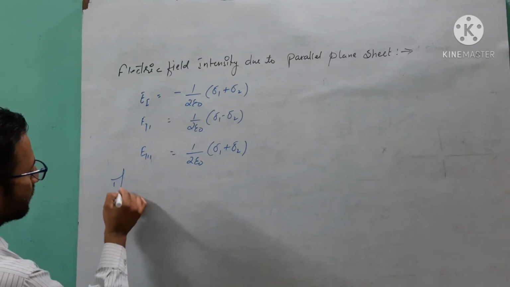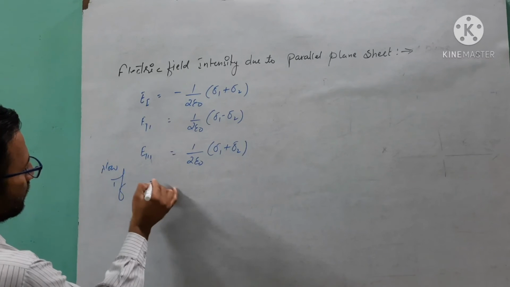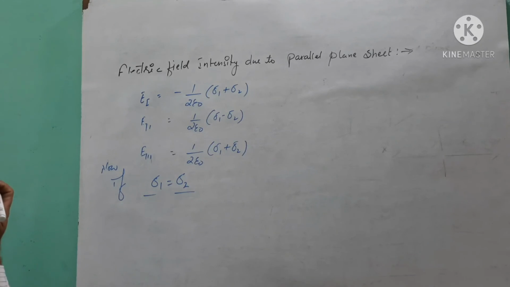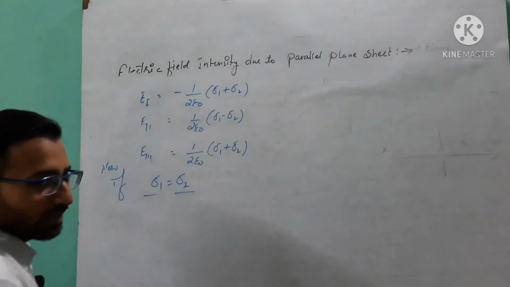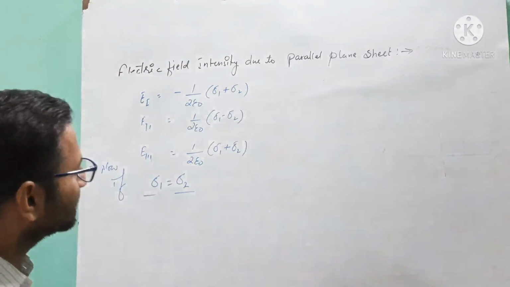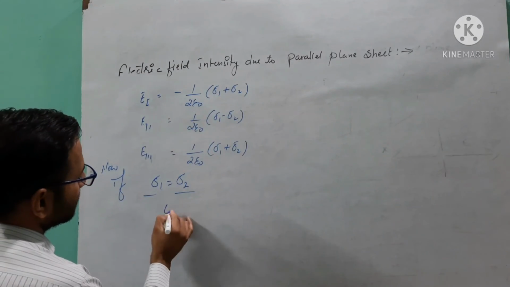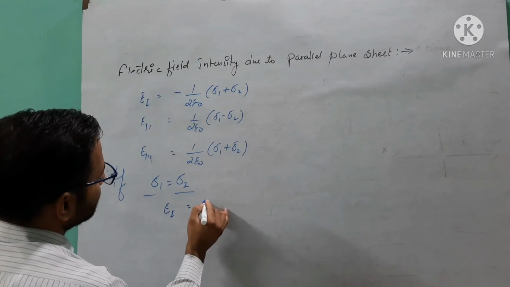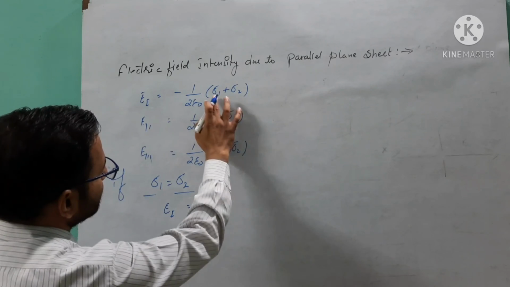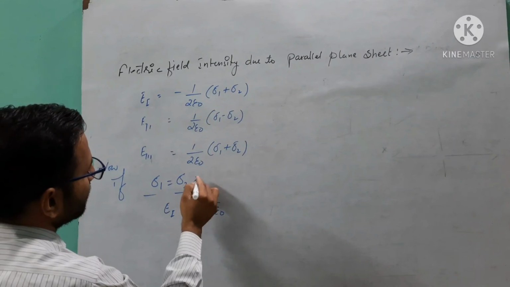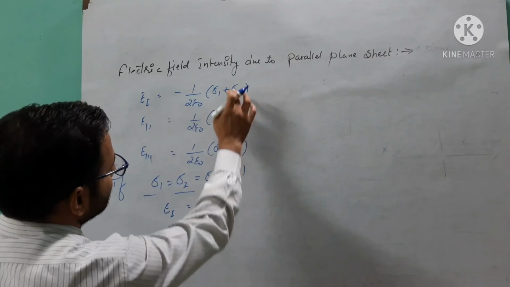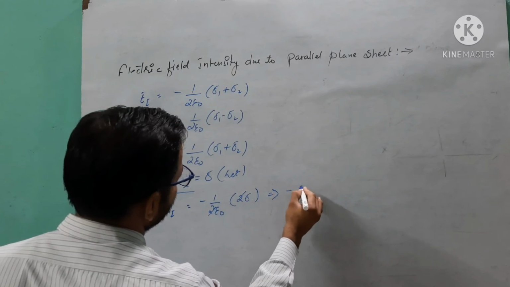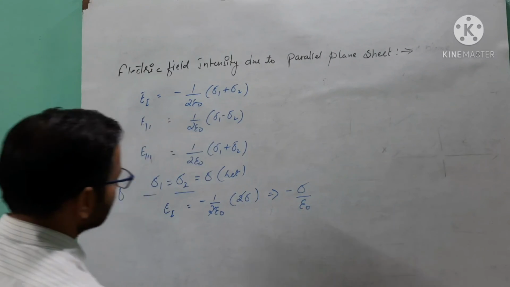Now if sigma 1 is equal to sigma 2, meaning the surface charge density in both plates is the same, then what happens? Our result E1, the electric field intensity in region 1, will be 1 over 2 epsilon naught times sigma 1 plus sigma 2, both equal to sigma, so it will be twice sigma, the 2s cancel, and it gives us this value.